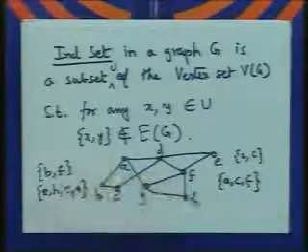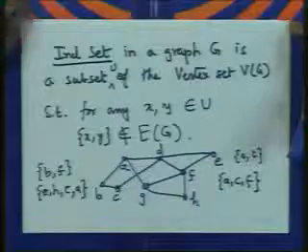I have listed out 4. There are many others. For instance, each vertex by itself is an independent set. If I just take the vertex itself, it's an independent set. It's just a collection of vertices so that there are no edges between them.